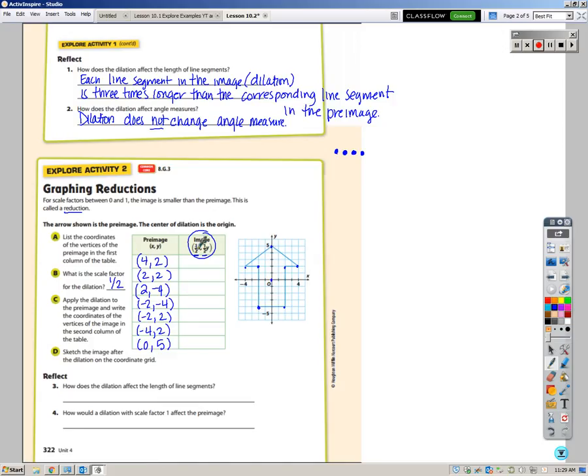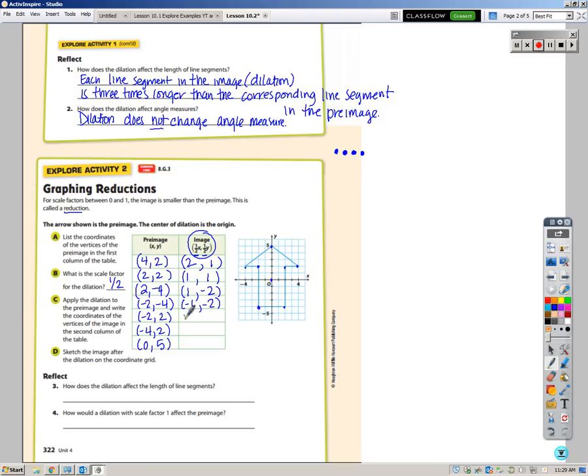So 1/2 of 4 is 2. 1/2 of 2 is 1. Half of 2 is 1. Half of negative 4 is negative 2. Half of negative 2 is negative 1. Half of negative 4 is negative 2.